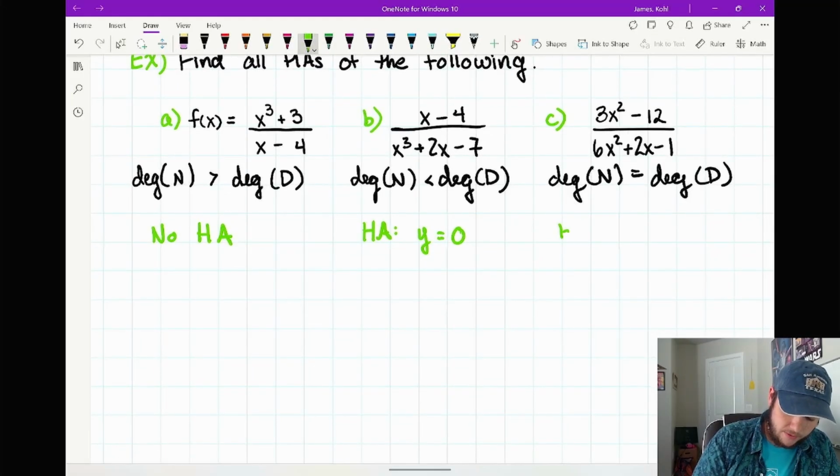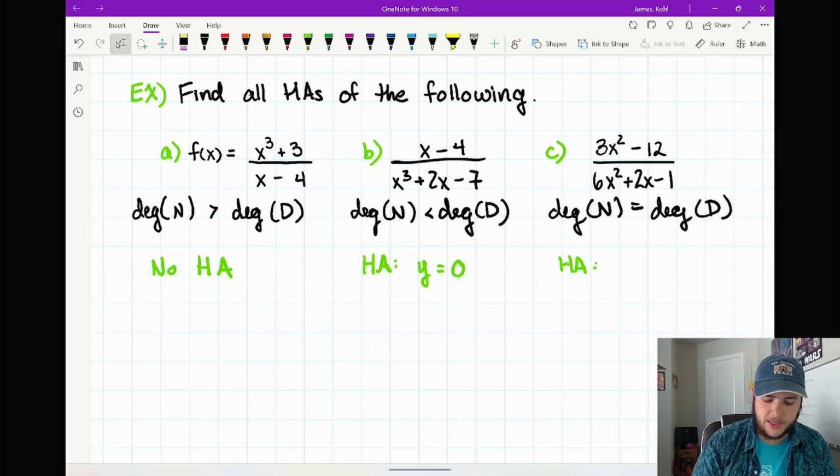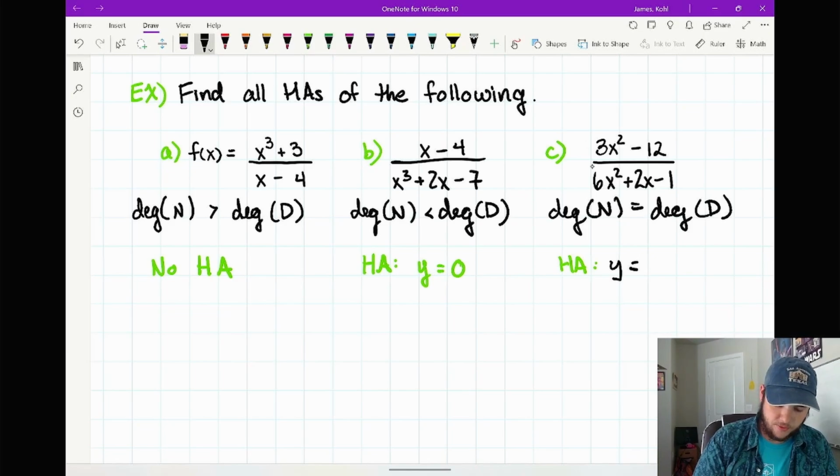Remember, the leading coefficients are just the constants attached to the highest degree terms. So 3 is the leading coefficient of the numerator, and 6 is the leading coefficient of the denominator. So y equals 1/2 would be the horizontal asymptote here.